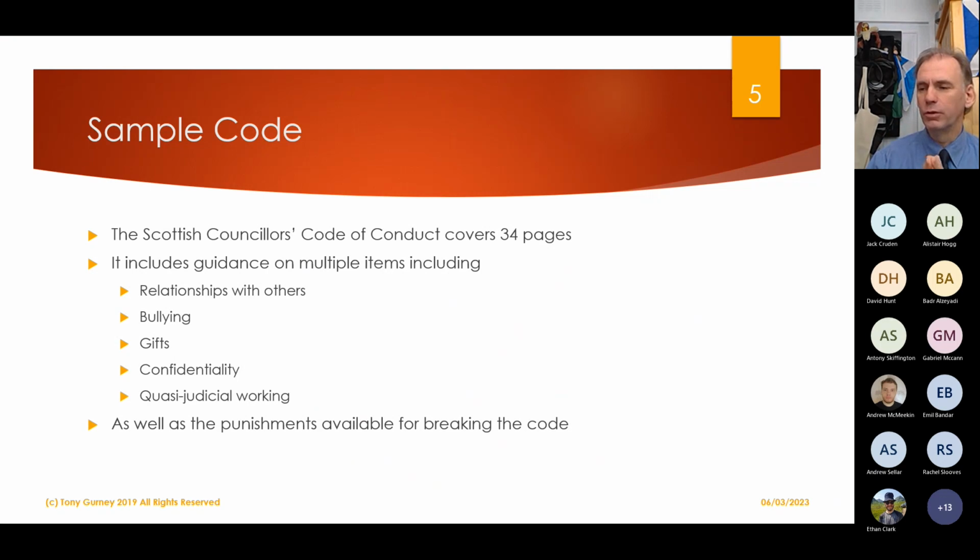And again, I don't want to go back to it, but it's just so easy to show an example. The next one is bullying. There was a case last year where the Home Secretary was found to have bullied her staff. And it was recommended that action should be taken.